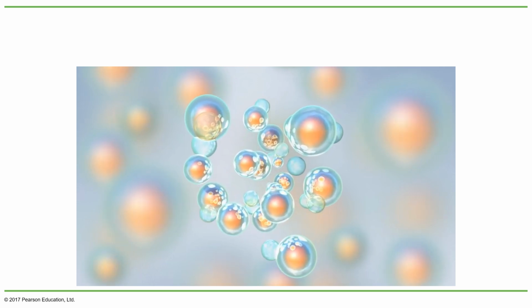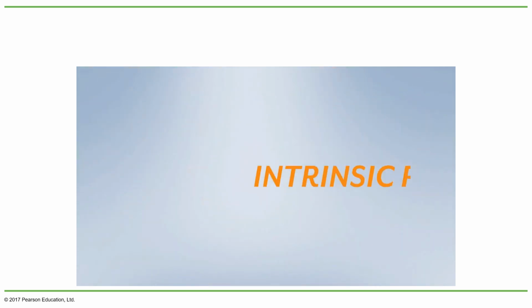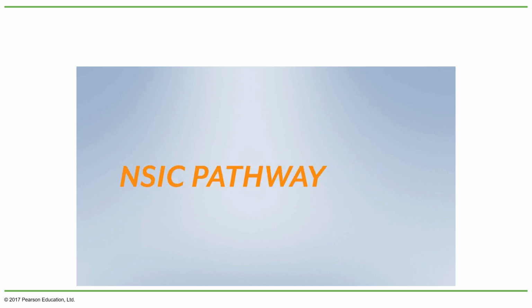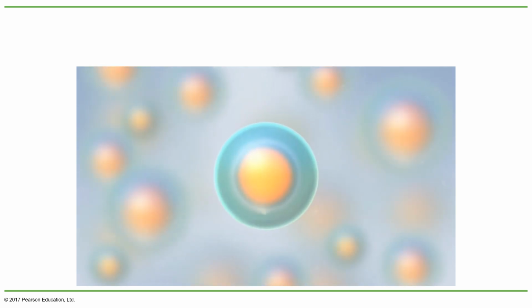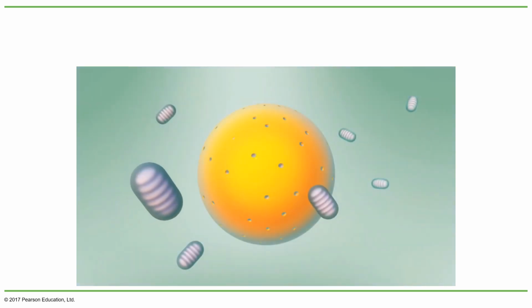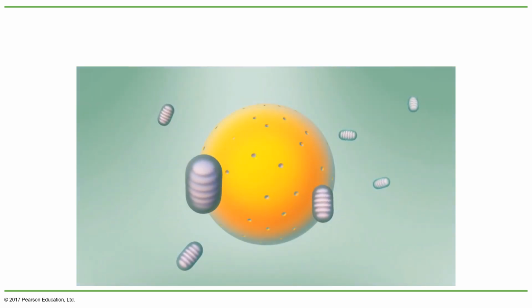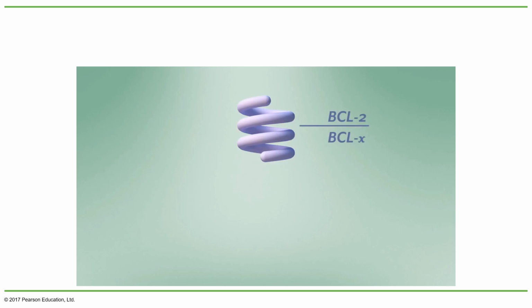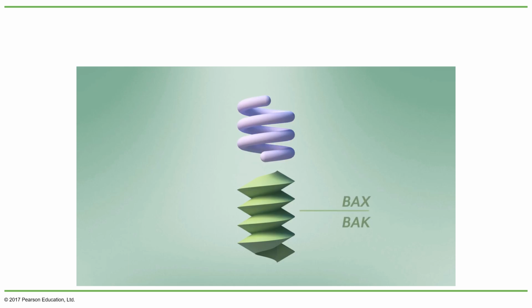The caspase cascade acts as a common endpoint for the second apoptotic pathway, known as the intrinsic pathway. As its name suggests, the intrinsic pathway is initiated by signals from within the cell. This intrinsic pathway is regulated by maintaining a balance between two sets of proteins in the mitochondrial membrane: anti-apoptotic proteins such as BCL2 and BCLX, and pro-apoptotic proteins such as BAX and BAC.